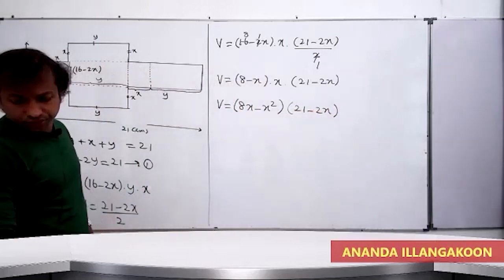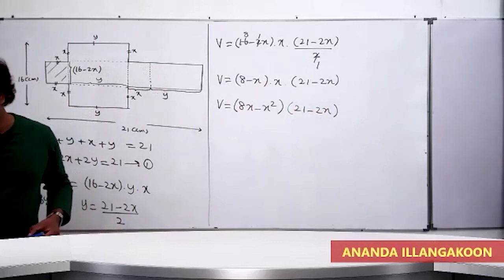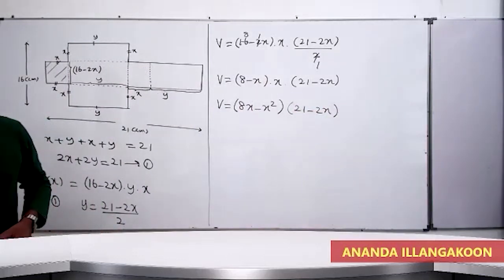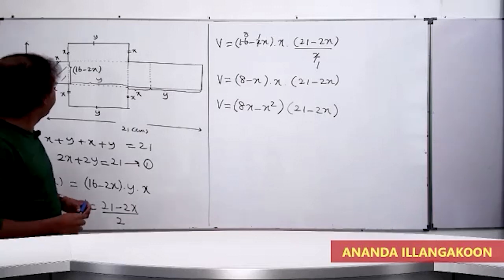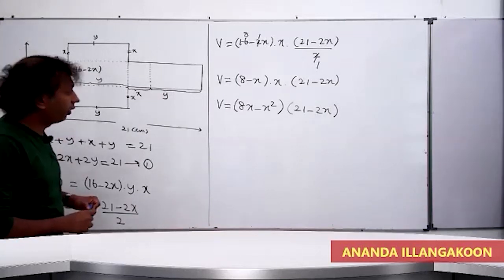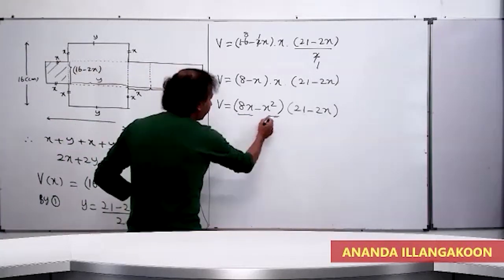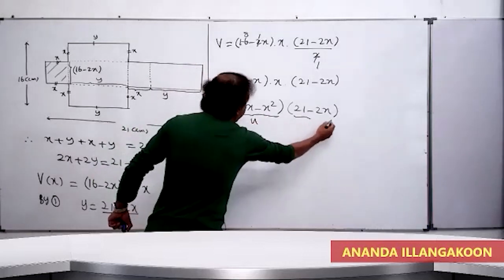We have to differentiate this. We need to find this value of x so as to maximize the volume. Yeah, this x one we need to find. Now we take this as u, this as v.